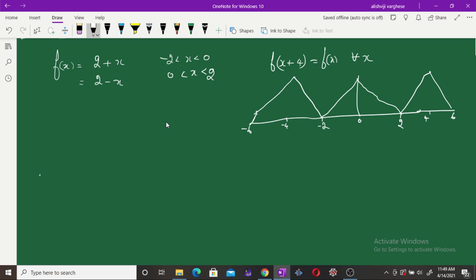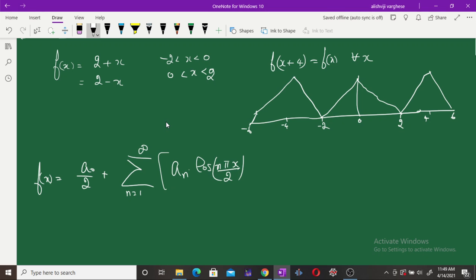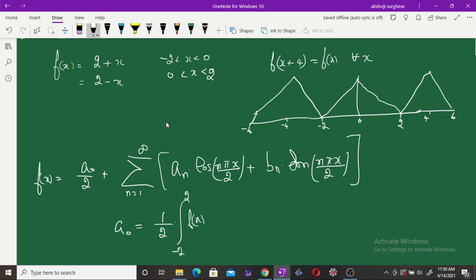Therefore the representation of the function is f of x is equal to a naught by 2 plus summation n varies from 1 to infinity of a n cos n pi x by L plus b n into sin n pi x by L, where a naught is given by 1 by L into the integral from minus 2 to 2, that is minus L to plus L, of f of x dx.